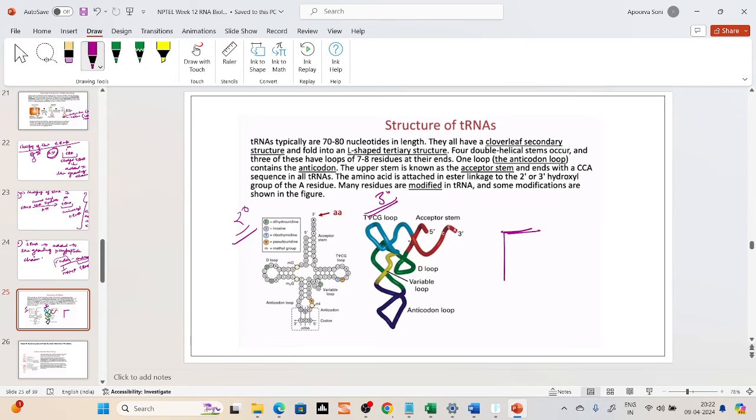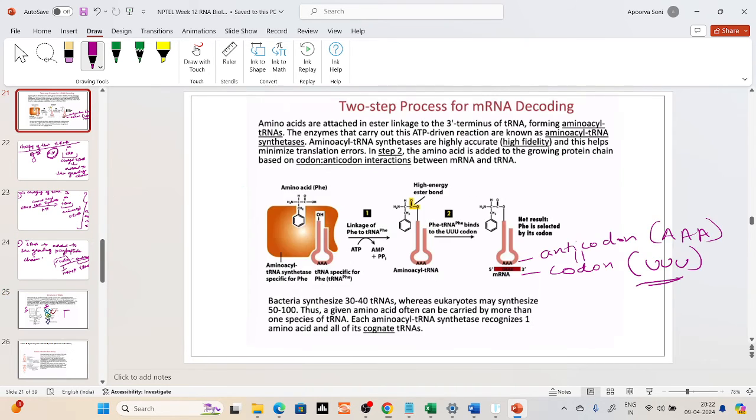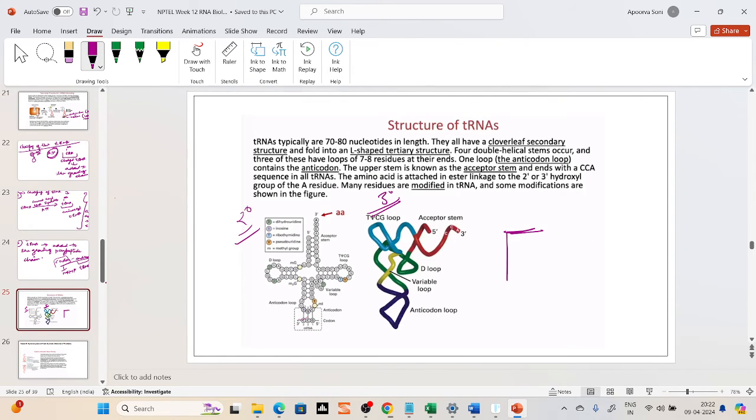See, this is your anticodon loop, which base pairs with the codon of the mRNA. This is the acceptor arm because it accepts the amino acid. This is a 3' arm. So this is just in a reverse way it is added here. This is the acceptor arm. So the acceptor arm at the end has CCA.